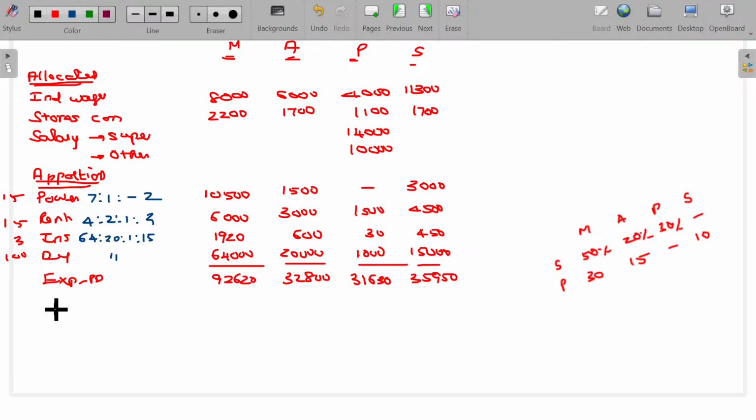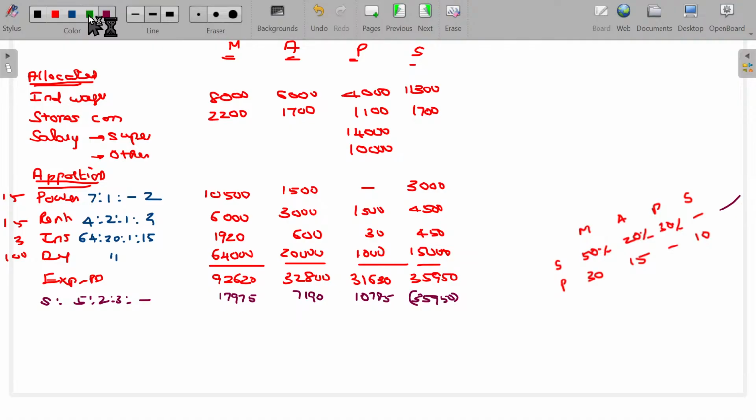First, let me start with S. S will be shared in this ratio 5:2:3 dash. 35,950 is subtracted and added to the other departments using this ratio: 17,975, 7,190, 10,785.